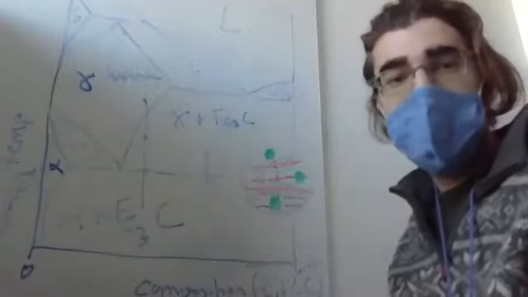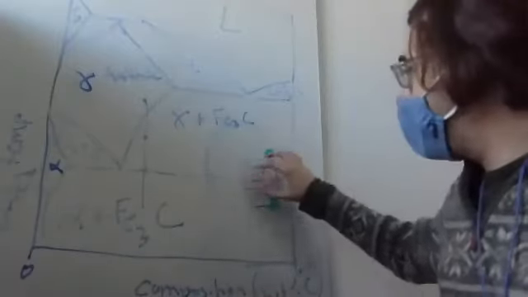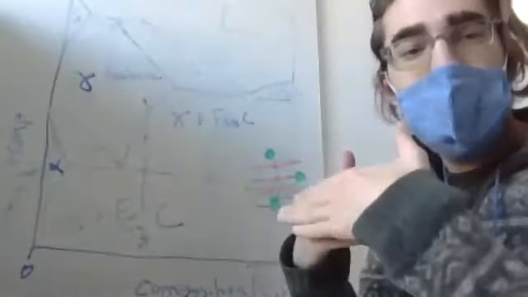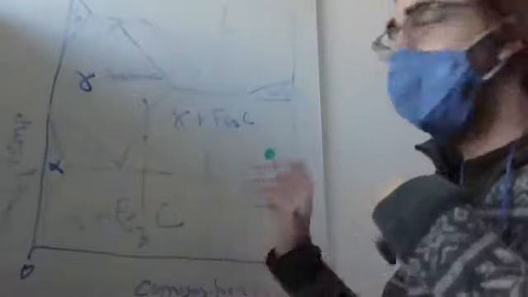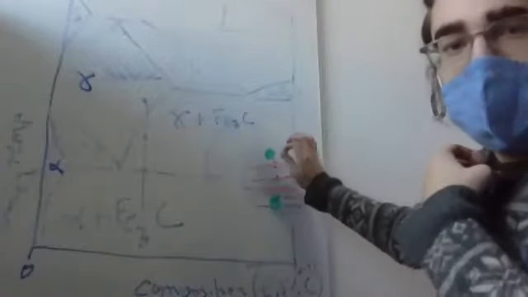So what we have now is the same type of pearlite phase, right? This layered alternating phase of low carbon ferrite, high carbon cementite. But we also have these cementite grains as well, these hard grains.